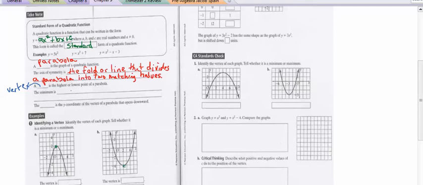The minimum of the parabola, we'll just kind of do this as a shortcut. The minimum of the parabola, P-A-R-A-B-O-L-A, opens upward.